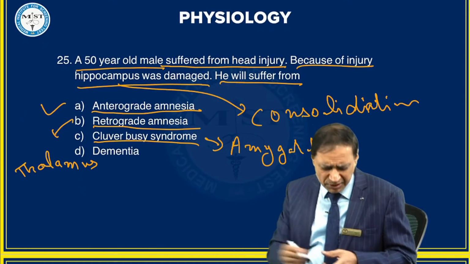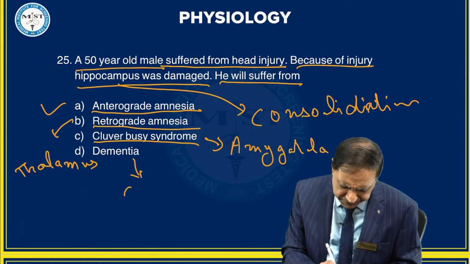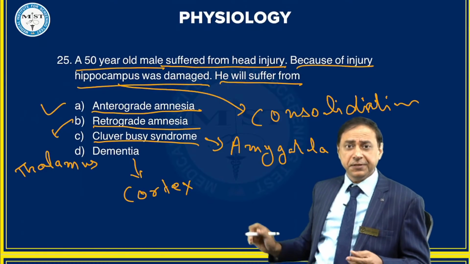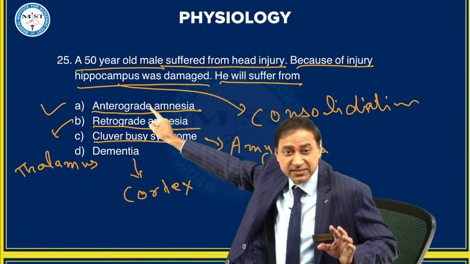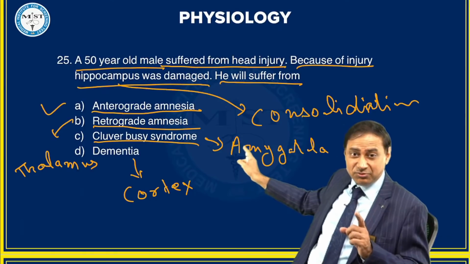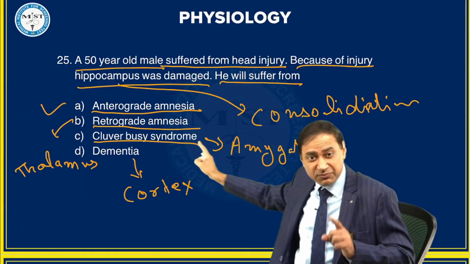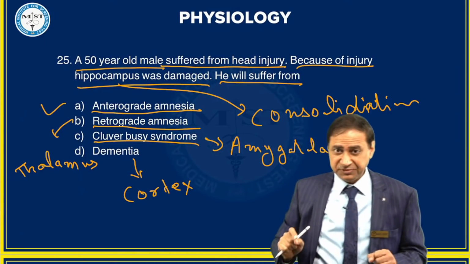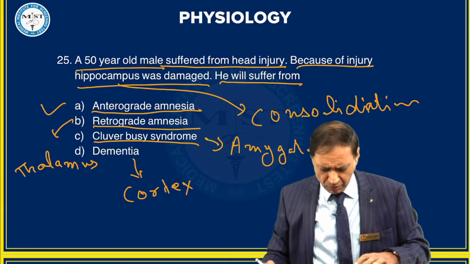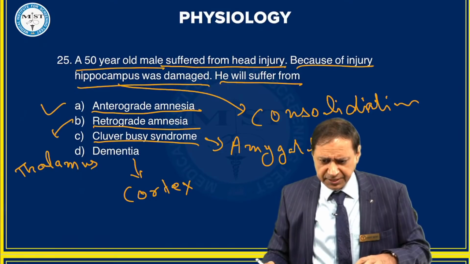Dementia occurs in old age. This may be because of the cortex. So just try to remember hippocampus for anterograde amnesia. And last year the question was asked, amygdala for Klüver-Bucy syndrome. This is done.